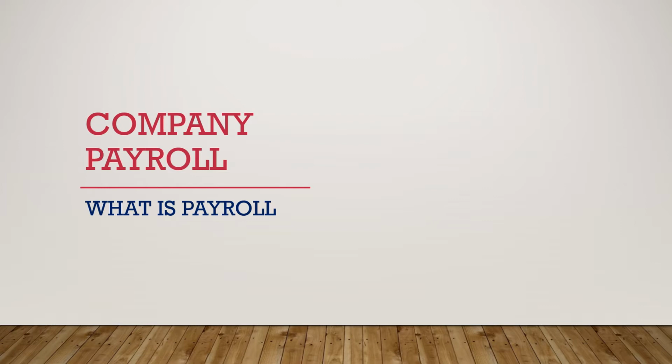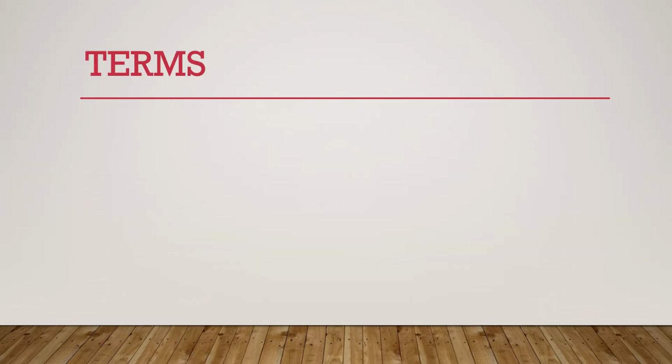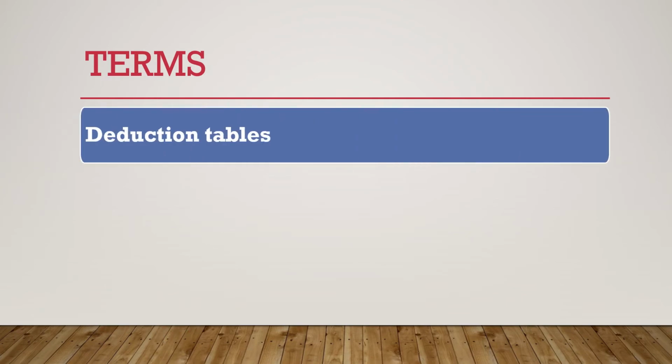Before we get into calculating the net pay for our employees, we need to understand the terminologies that we use when we are calculating payroll. One of them is the deduction table.